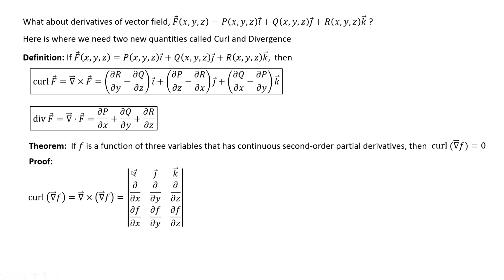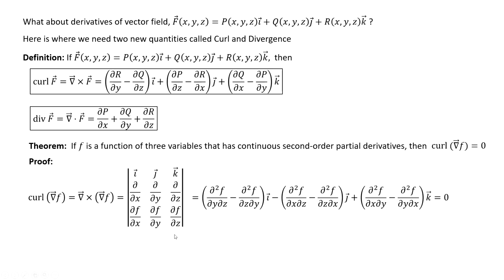Okay, what do we do? The determinant of a 3 by 3. i times this minus this times this. In this case, you don't say times, you take the derivative. Second partial f with respect to y and z, y first, z next, minus partial with respect to z of partial f with respect to y, so z first, y next.